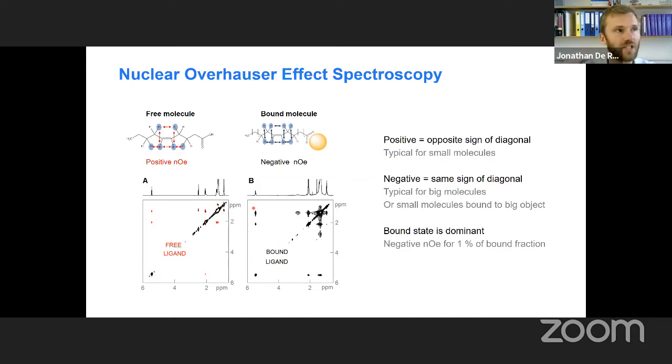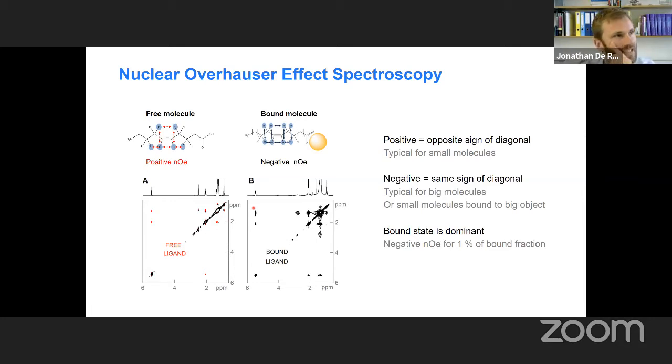Then you're going to see an average in DOSY and an average in the 1D. And let's say that it's 90% free and only 10% of the molecules at all times are bound. Then the average in the 1D is going to be quite sharp, and in the DOSY, it's going to be quite fast.